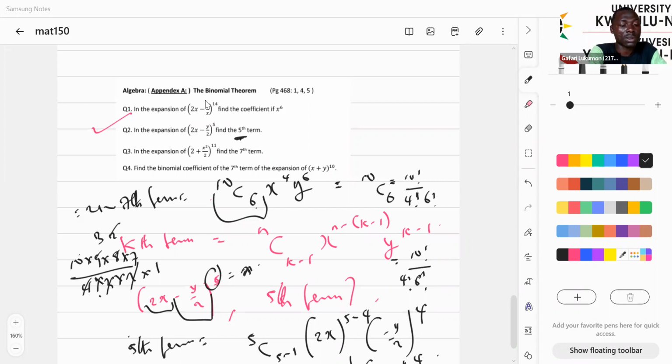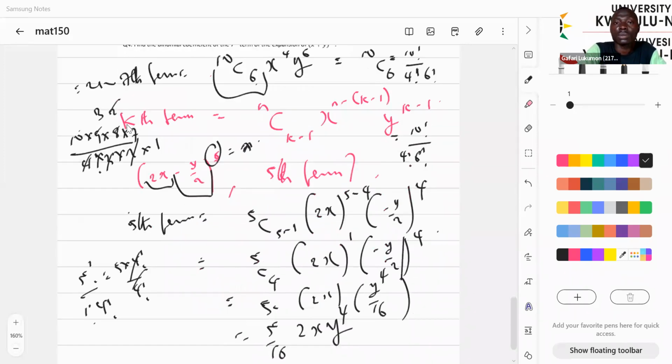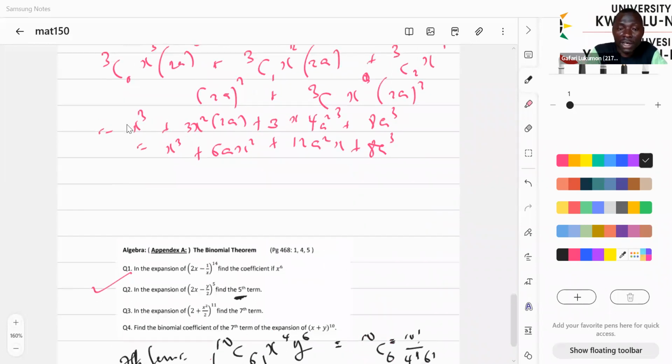So here we have 2x minus 1 over x, everything raised to power 14.